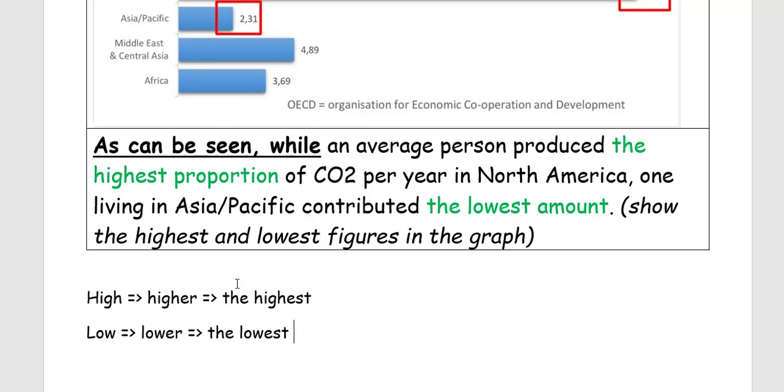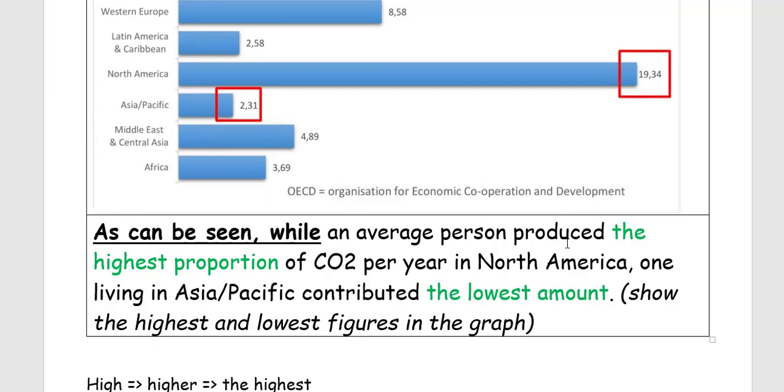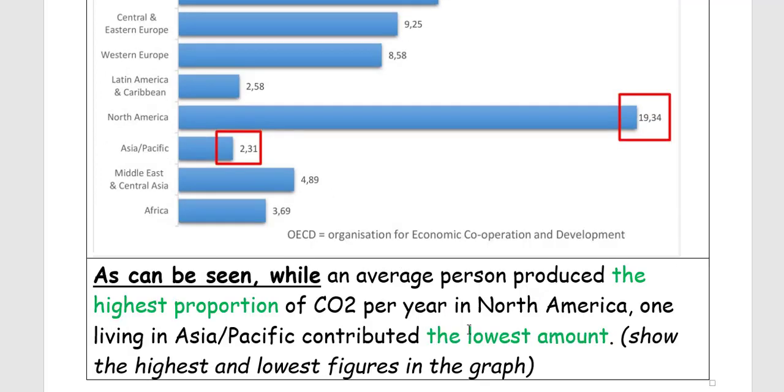Okay. Amount. Okay, so basically our job is to show the highest and lowest figures in the graph without indicating these exact percentages. So it's just an overall picture. Now let's focus on the next paragraph.